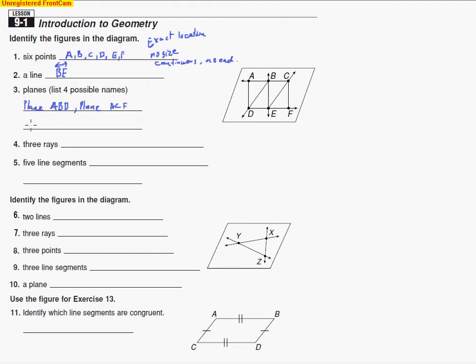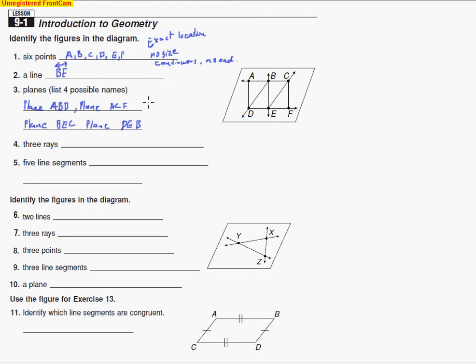Or plane B, E, C. Or we could even do plane D, E, B. So these are all different planes here. And there's a lot of them that we could end up coming up with. But all a plane is, is a perfectly flat surface that extends infinitely in the directions that are defined.